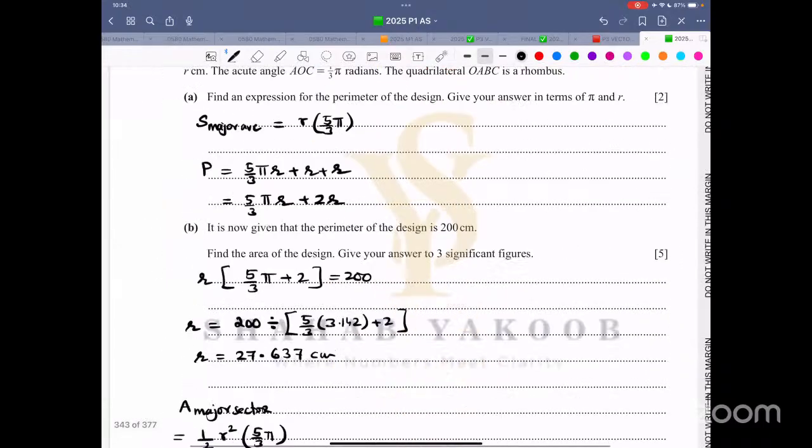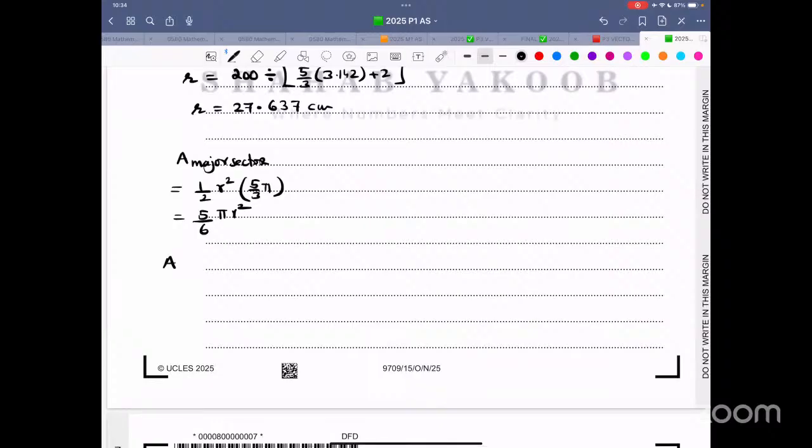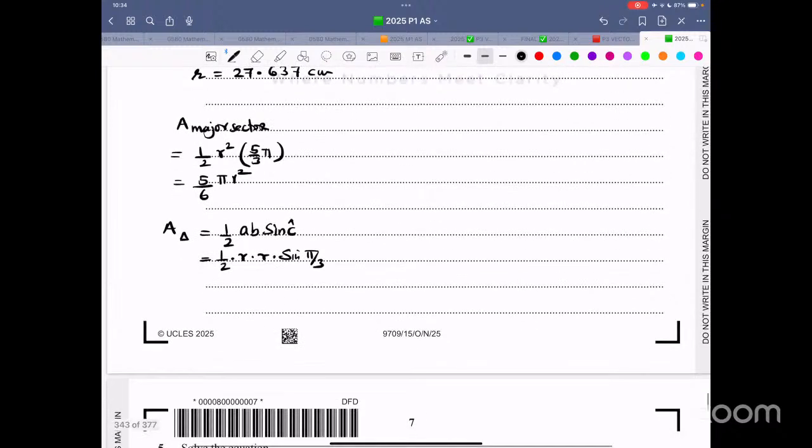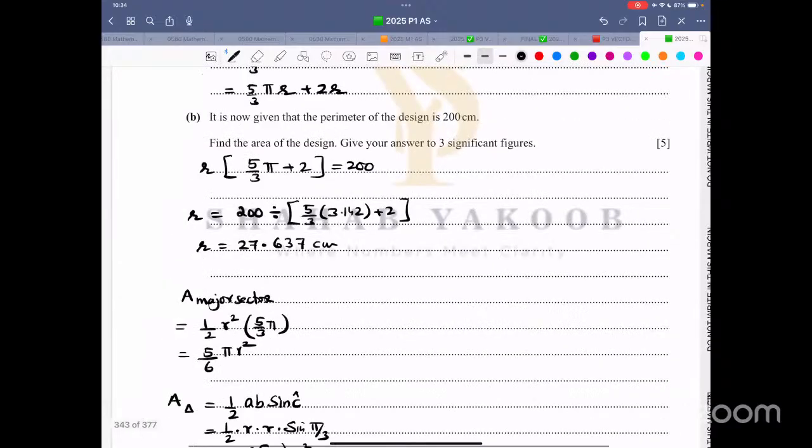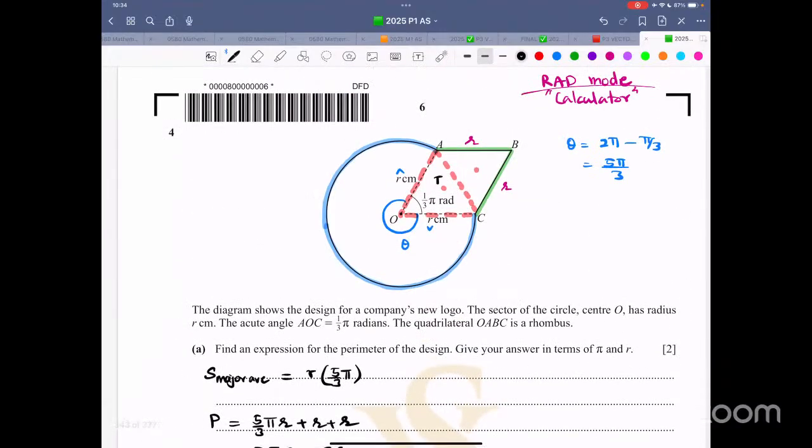Area of triangle, it's half ab sine C. That is half into r into r into sine of pi by 3. Use the exact value. That is half, that is root 3 over 2, that's the value of sine of pi by 3, into r squared. That is root 3 over 4 r squared. Therefore, there are two triangles. This is triangle 1, this is triangle 2, and this is the major sector.